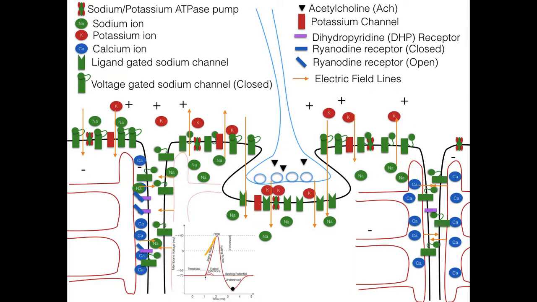The action potential started at the synapse, and it spread out in both directions from the synapse. What is actually spreading out is the flipping electric fields. The ions aren't moving left and right. The ions are just moving in or out.